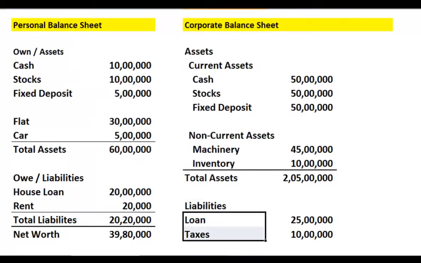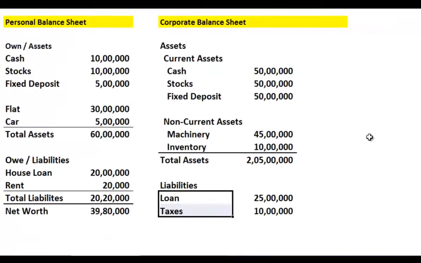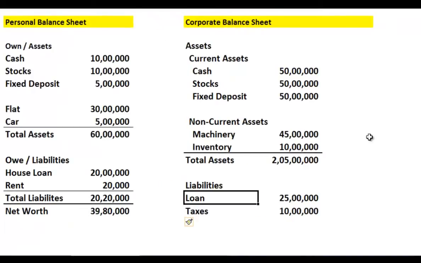Even within liabilities you have the concept of current liabilities and non-current liabilities. How do you decide what is a current liability and what's a non-current liability? For example, you take this loan. Even though your entire loan amount is 25 lakhs, you probably don't owe the entire 25 lakhs this quarter or this year, right?